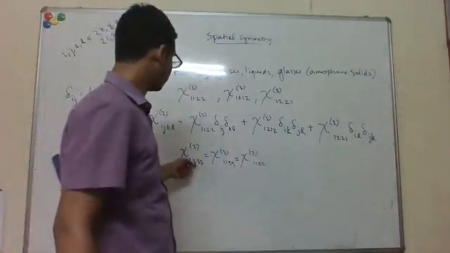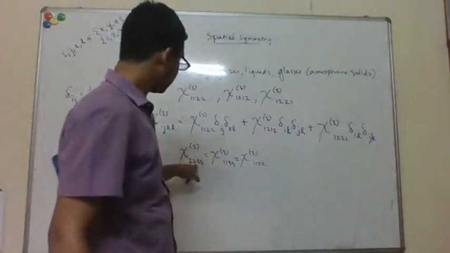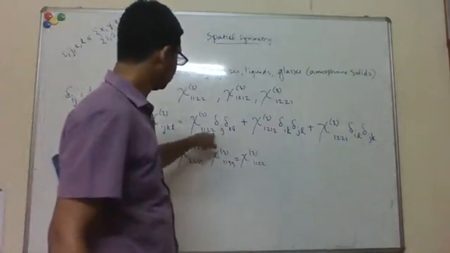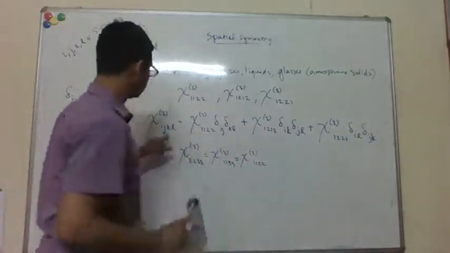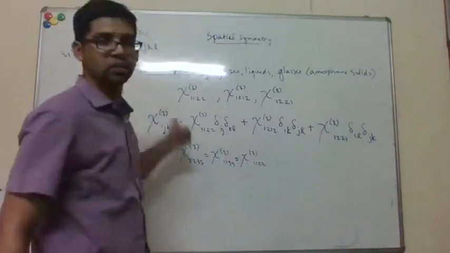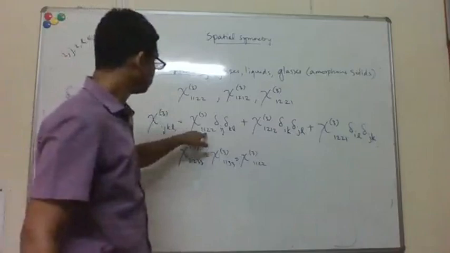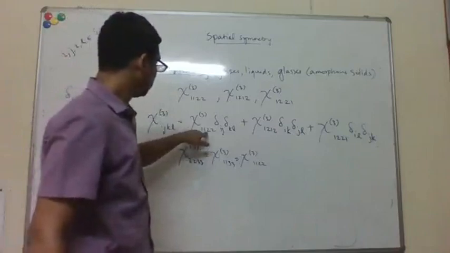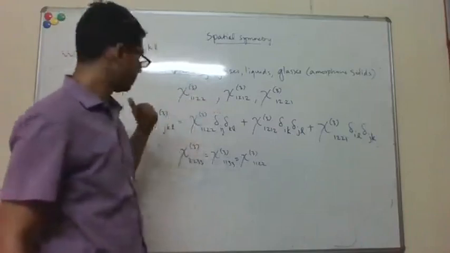So what does this mean? This means that I'm applying a field. j, k, l correspond to the directions of the applied fields, and i corresponds to the direction of the induced polarization. It doesn't matter which of x, y, z it is.